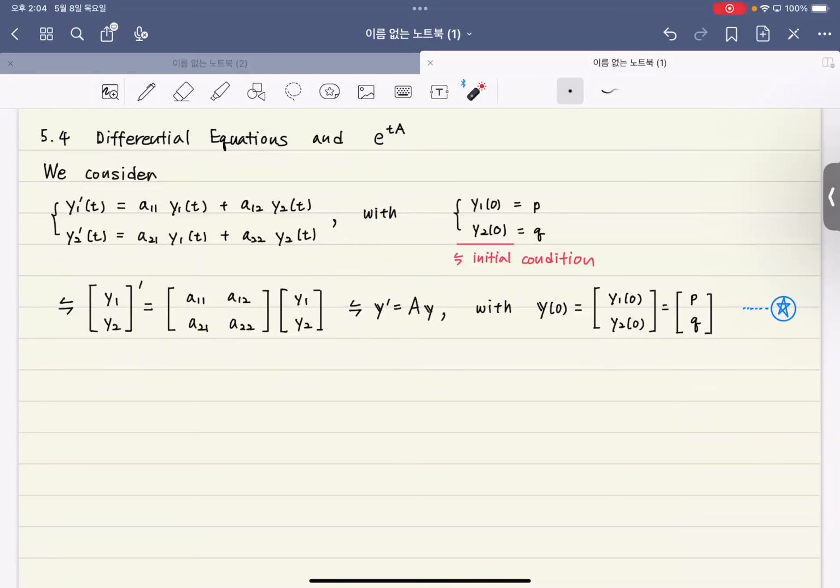Suppose that I have a 2x2 matrix of functions. A matrix of functions means every entry is not just a number, but a function depending on time t.